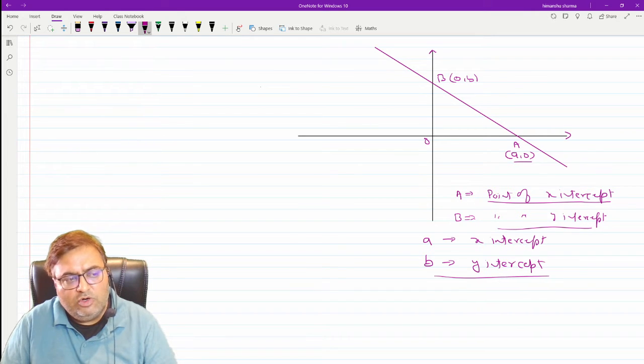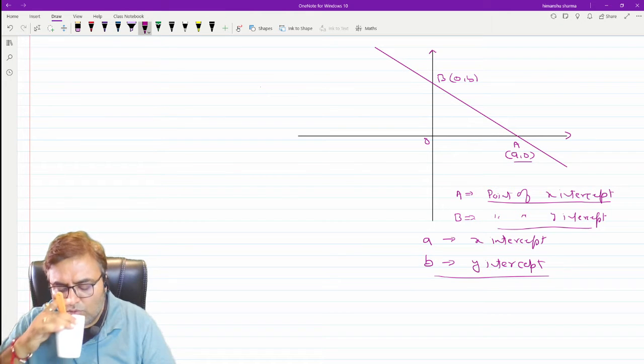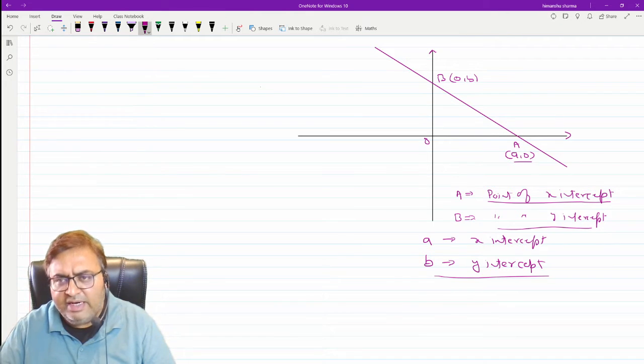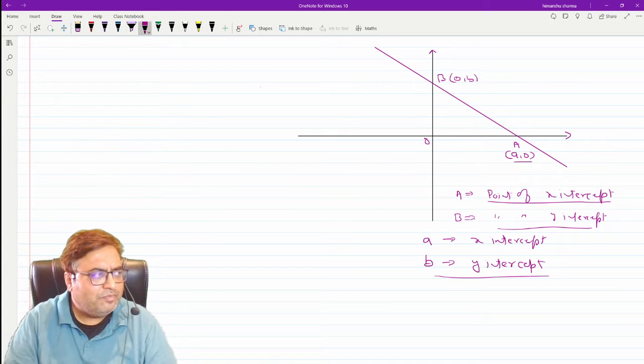So let's be clear about this thing. The intercept can be positive or negative. There is no restriction that the intercept has to be positive. Intercept can be positive as well as negative, because these are the abscissa and the ordinate of the points of x-intercept and y-intercept.